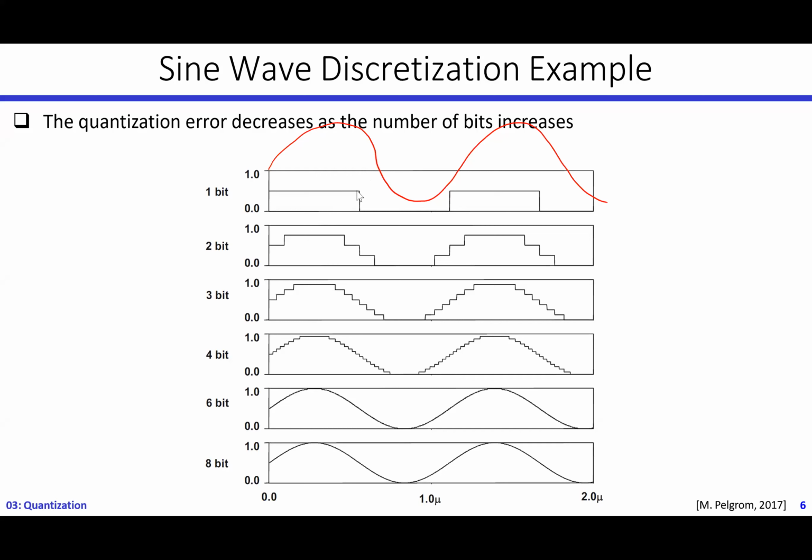So I will definitely have a huge quantization error here. As I increase my number of levels, I will be able to mimic the original signal and reduce my quantization error. I still have a quantization error, though it looks like a continuous, pure sinusoidal signal, but it's not. In reality, if you zoom in, you will find the quantization error.